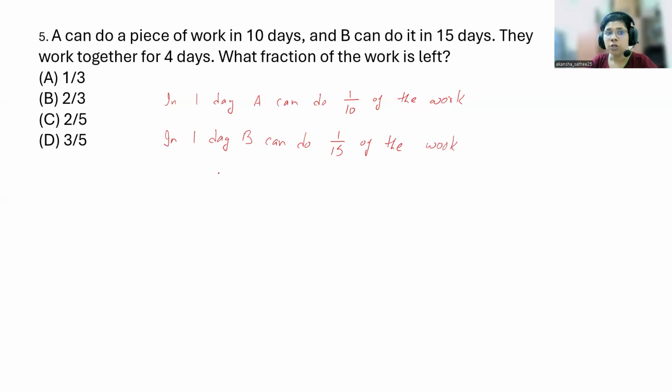Now, what they are saying is, if they work together, how much work can they do? So, in 1 day, A and B together can do 1 by 10, which A can do, plus 1 by 15, which B can do.